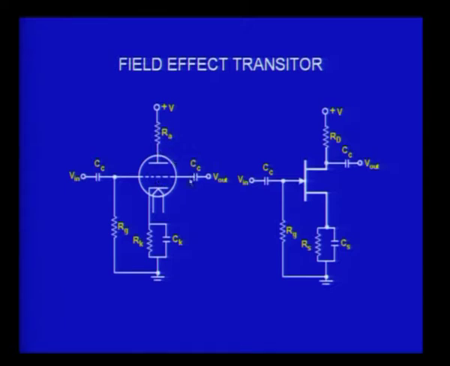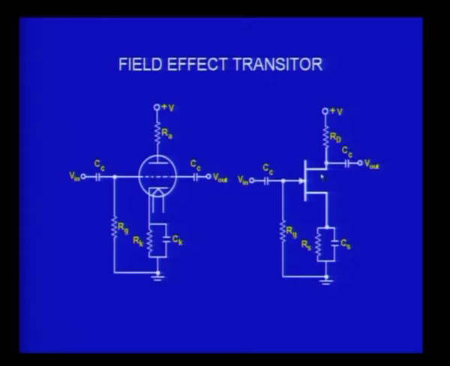Now, this is a simple amplifier configuration using a triode, and by the side of it you see another device, the modern field effect transistor, and you see the exact replica of the circuit, except that the device is different.